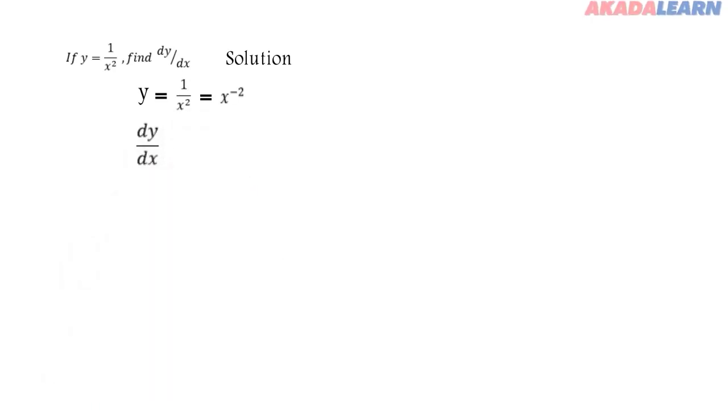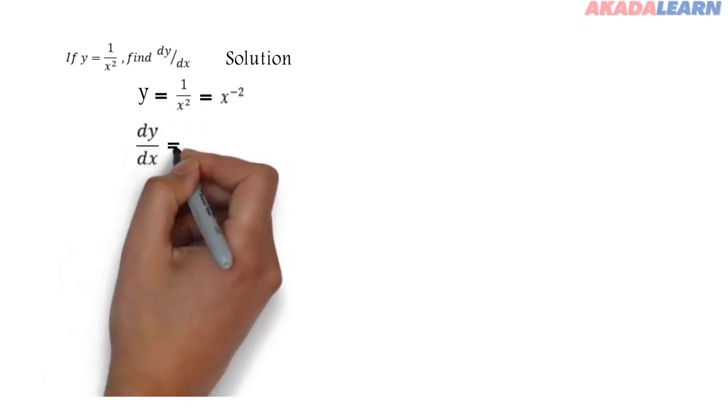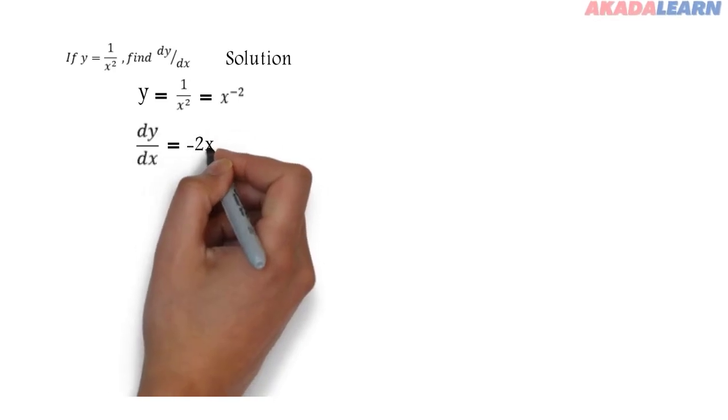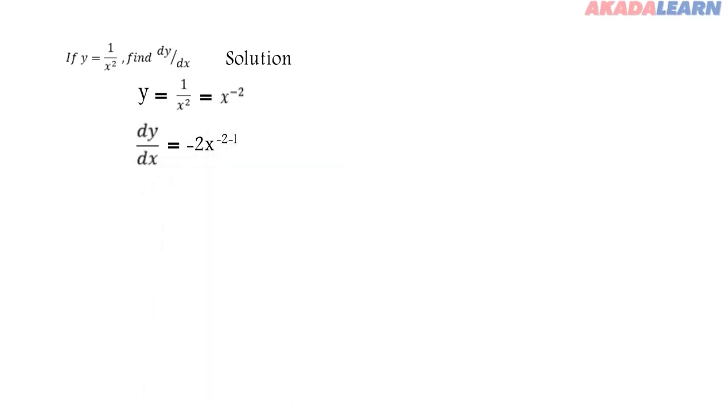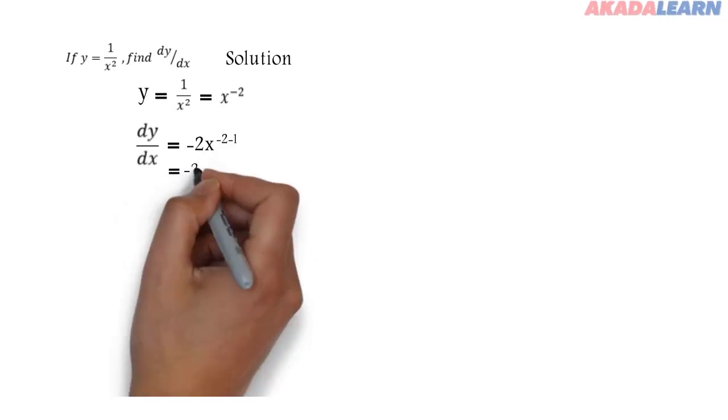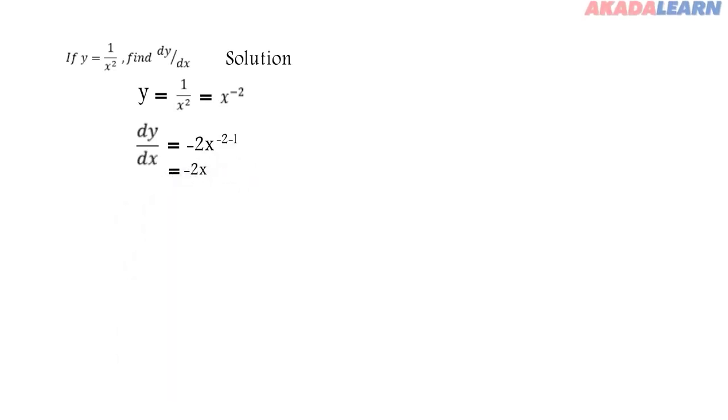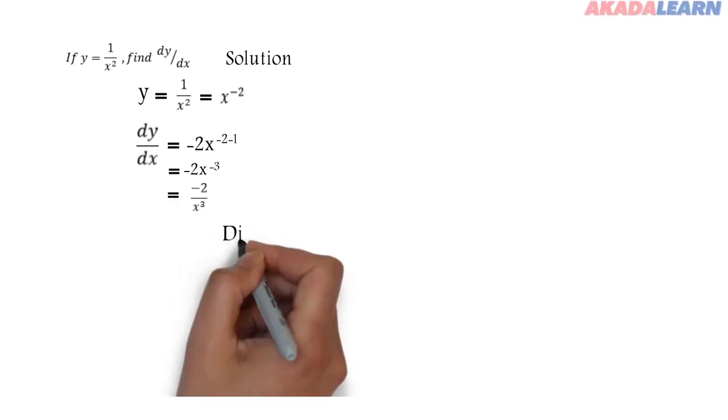So dy/dx will be equal to, we use our minus 2 to multiply x and we subtract 1 from minus 2. And when we simplify that, we have minus 2 x raised to the power minus 3. So again, we can apply the negative index law of indices and it simplifies to minus 2 over x raised to the power of 3.